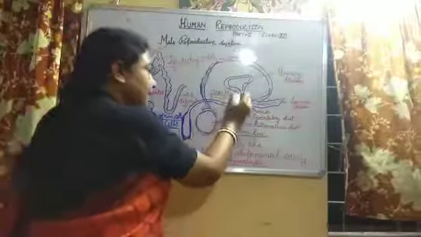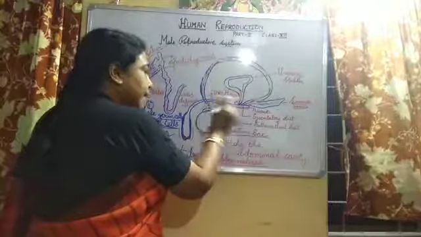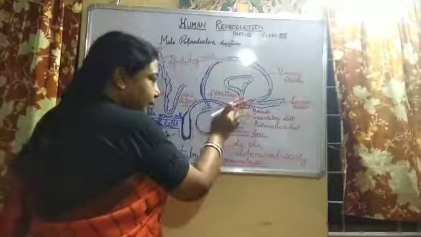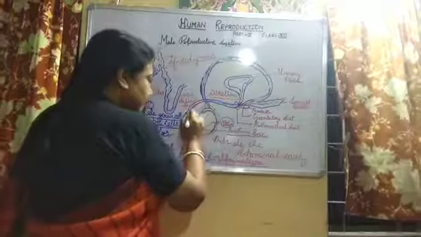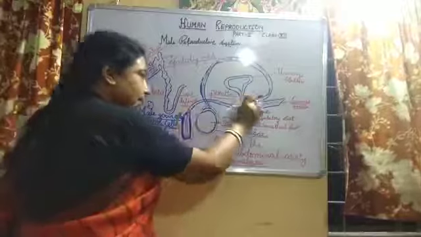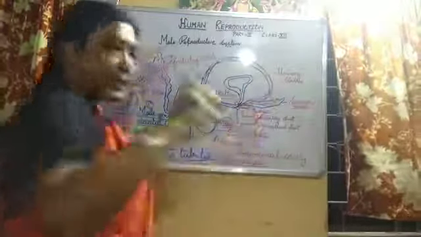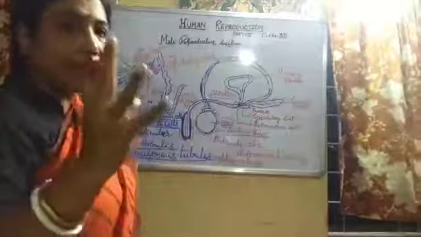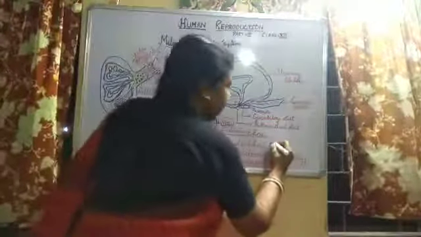So what you will see, this urethra is the common passage for what? The sperm as well as the urine. Through this passage, once the sperm get mixed with the secretion of seminal vesicle and prostate gland, that entire thing is known as semen.